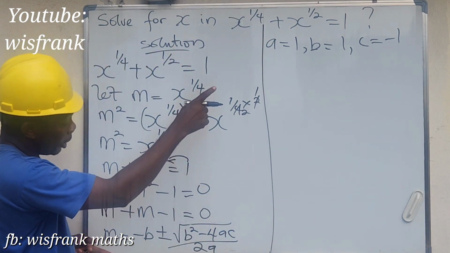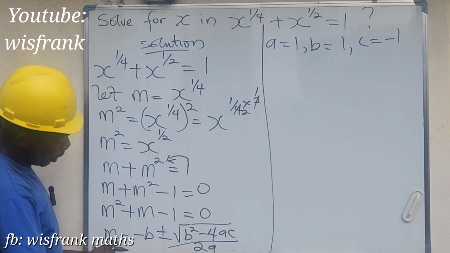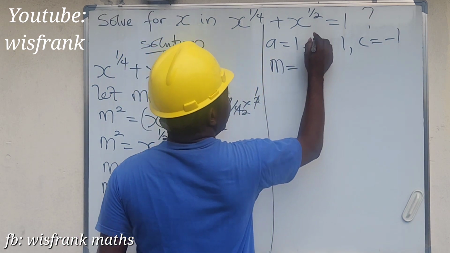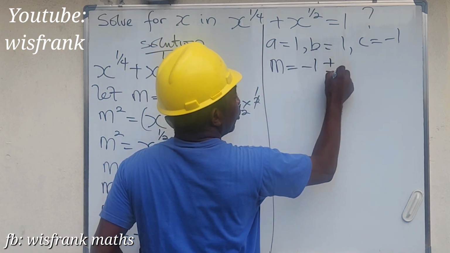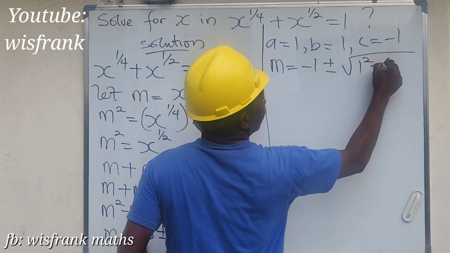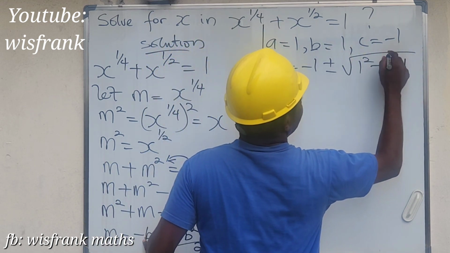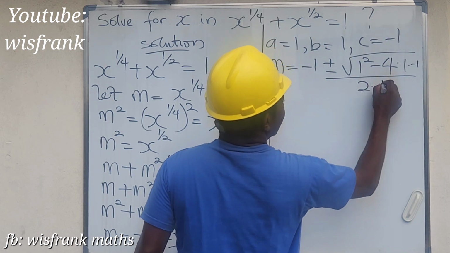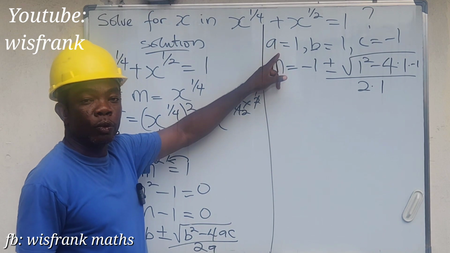So substituting those parameters into this equation, we have m equals, where we have minus b, which is minus 1, plus or minus the square root of b squared, which is 1 squared, minus 4. Our a is 1, then our c is minus 1, all over 2 times 1, which is a equals 1.